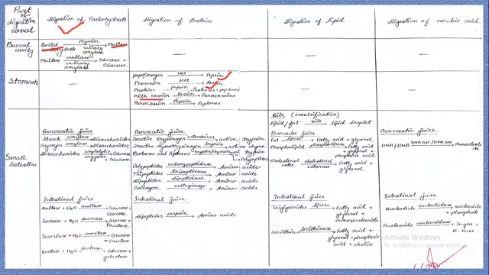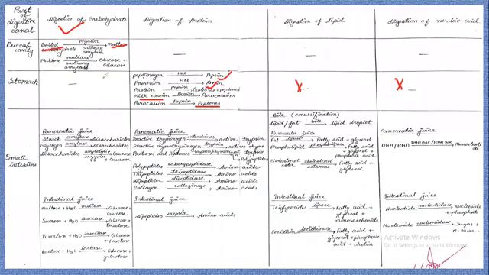Then milk casein creates paracasein. So here we see the digestion of protein in the stomach. There is no digestion of lipid and no digestion of fat here.